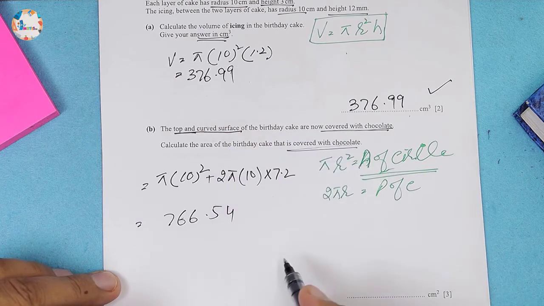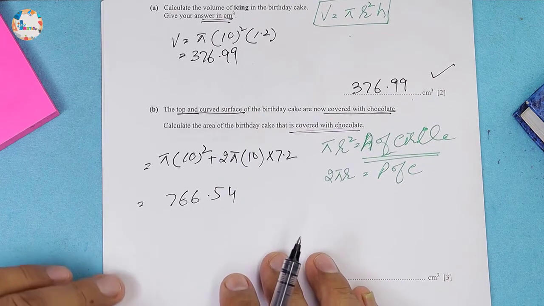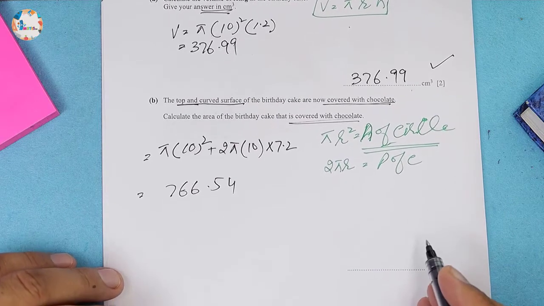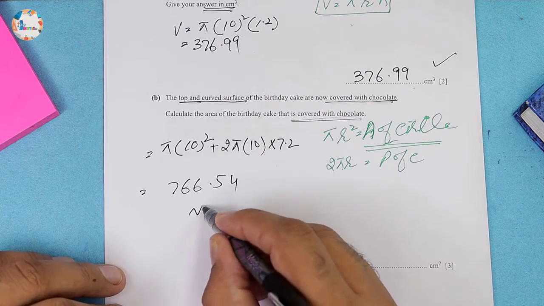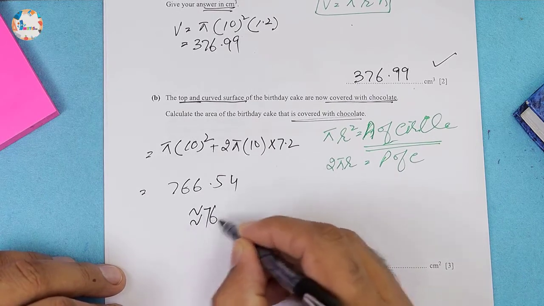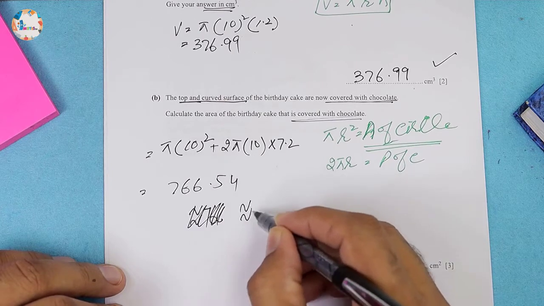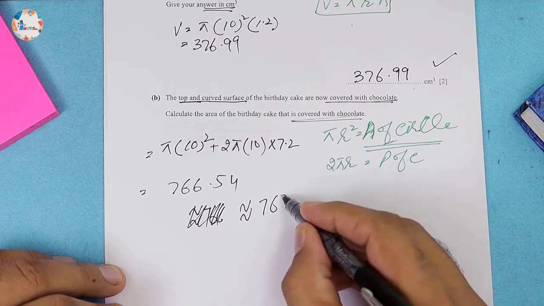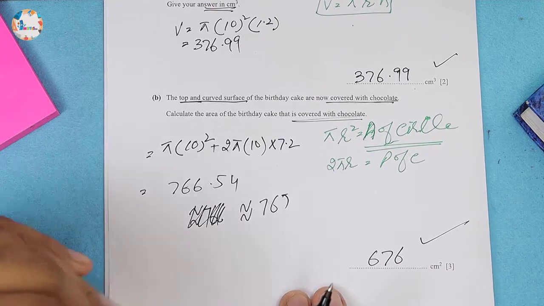We can provide a rounded answer as well, which will be 767, and we can write 767 centimeter square.